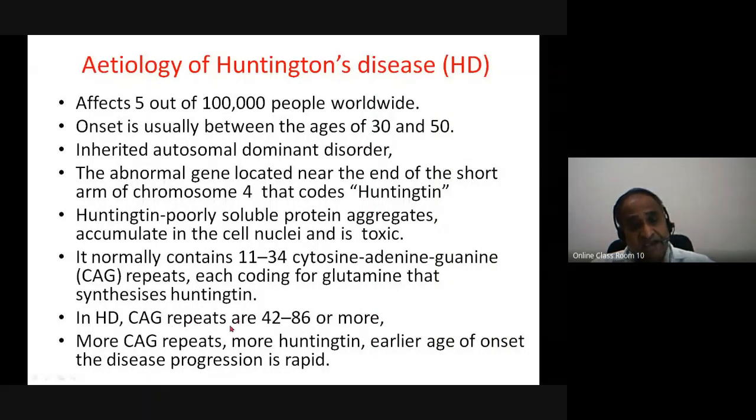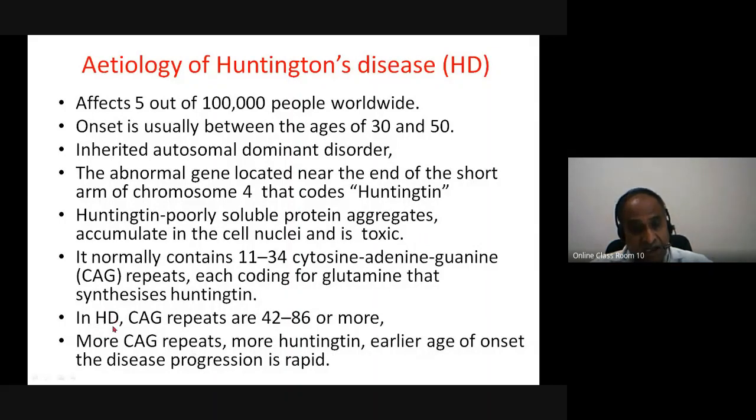If the CAG repeats are greater than 40, sometimes they may exceed as high as 80 or even 100. When those repeats are more, as happens in Huntington disease, a large amount of Huntingtin is produced and accumulated or aggregated in the basal ganglia area, or the areas with GABAergic neurons and cholinergic neurons.